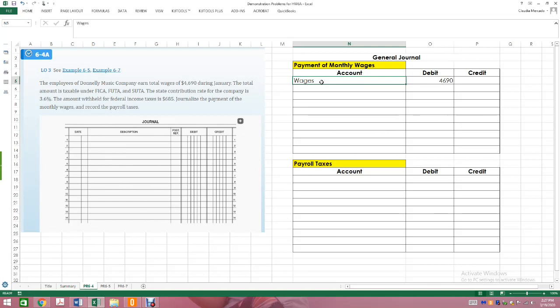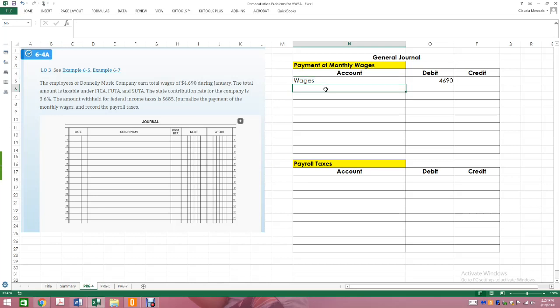In this textbook, they just call it wages, so I'm going to run with that because that's what they're giving you. But this is an expense account. We are recording in the company's records that we spent $4,690 in wages. Wages expense is an expense account, and the normal balance is a debit.